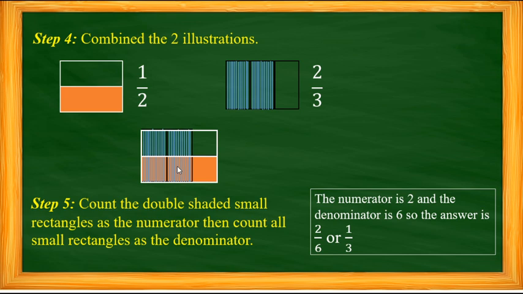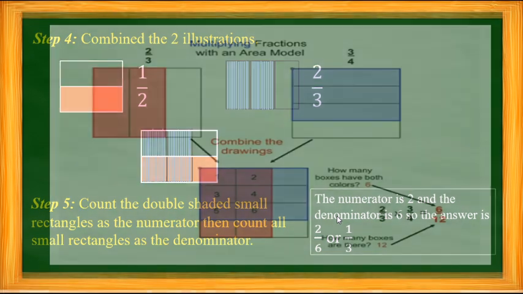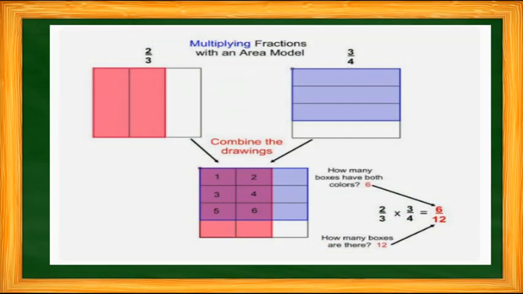And then the denominator is 6, so it becomes 2/6, or 1/3, because 2 and 6 have a common factor of 2. 2 divided by 2 is 1. 6 divided by 2 is 3. Okay, so to further analyze this, let's have some examples on how to visualize multiplication of fraction.